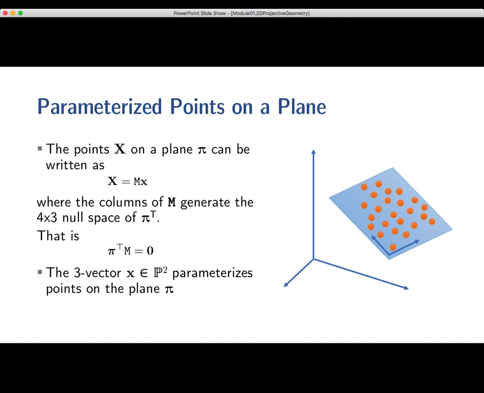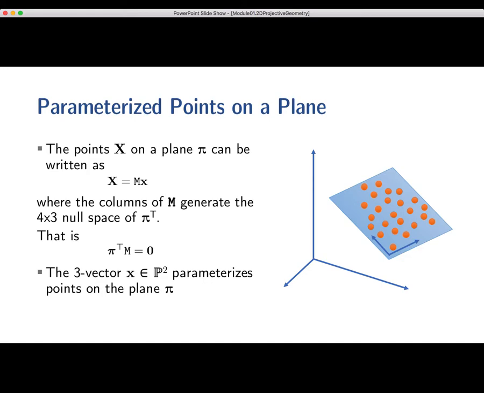But another way to do it is this: generate random small x vectors, because those are 2D random points, and then multiply them with a matrix M, and that will correspond to some plane. So those points will get rotated onto some plane.